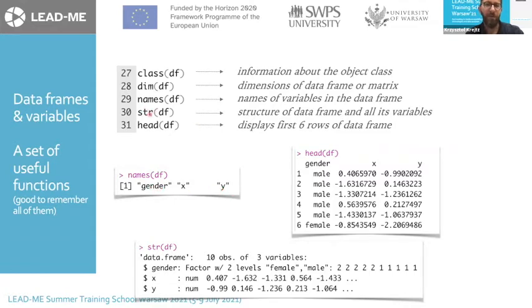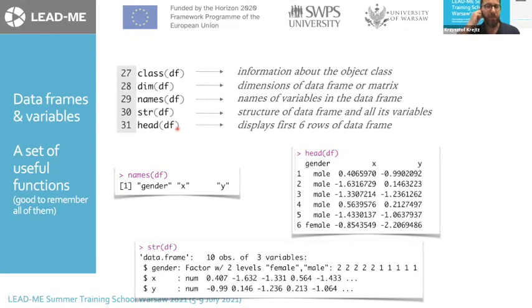str means structure of your data frame. It gives you more detailed information about the classes of your variables, and also some examples of values stored in these variables. And a very nice function, head(df). If you work on large data sets, and very often with eye tracking studies we have really large data sets, it takes a while to display the whole data frame in the form of a table.